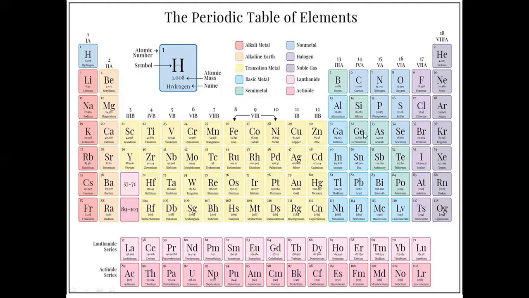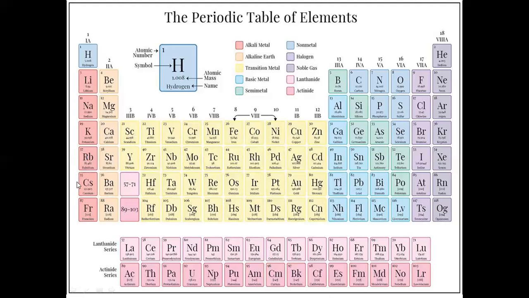18 elements here. If you count, there are 18 elements over here. Fourth and fifth periods have 18 elements in them, and they have 4 shells for this, 5 shells for that. So in a period, the number of shells remains the same. 5 shells here.